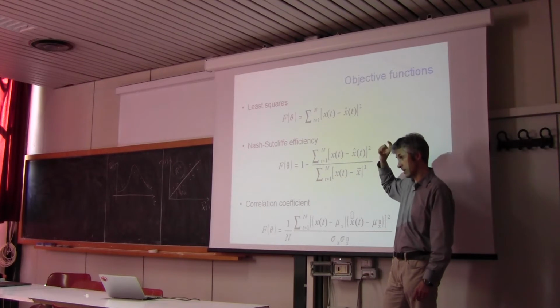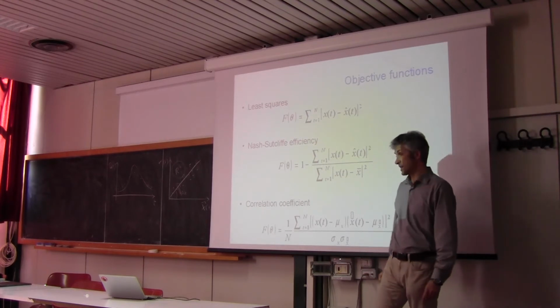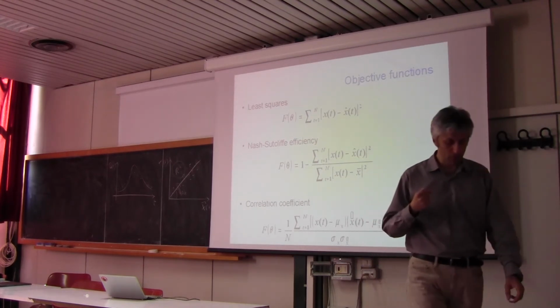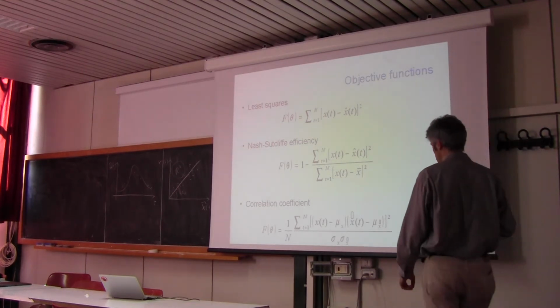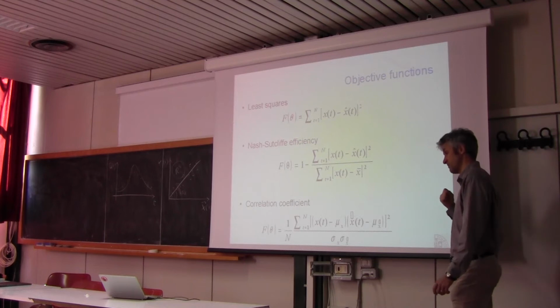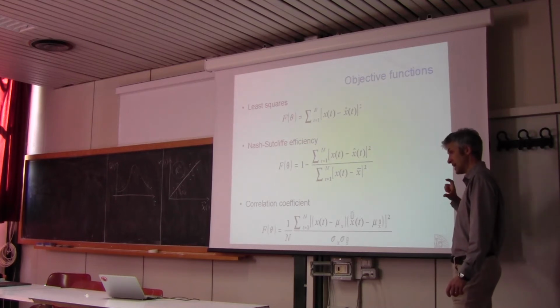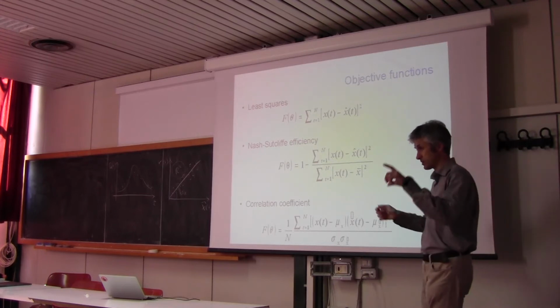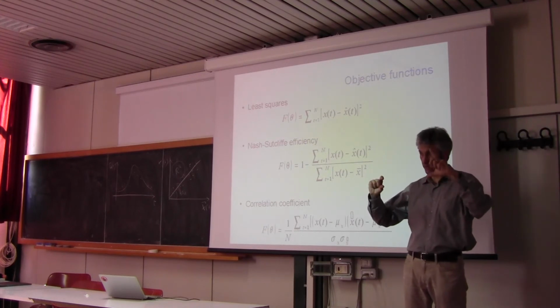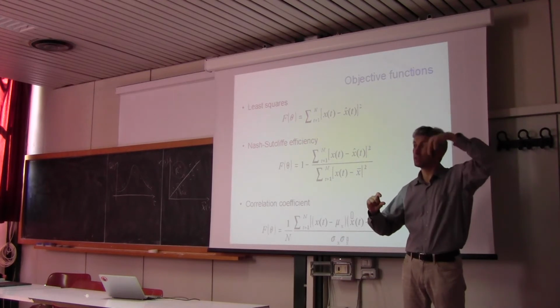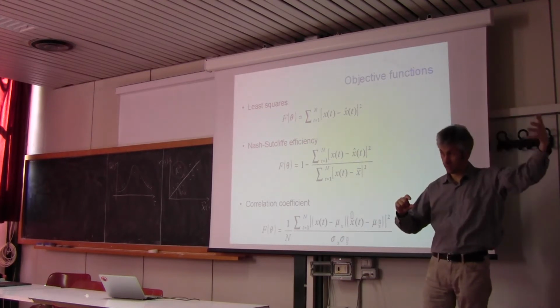The error is squared. What does it mean? What do you obtain if you square the errors of the observation? You give more weight to the highest values. So if you have two errors, one big and one small, they already differ. But if you square them, the difference becomes much and much higher.